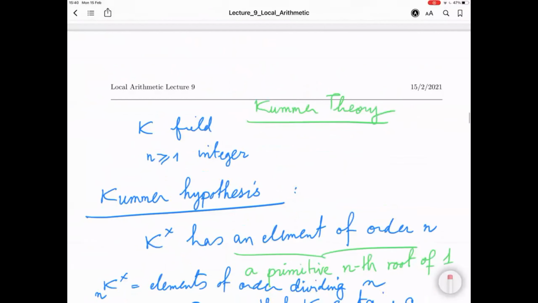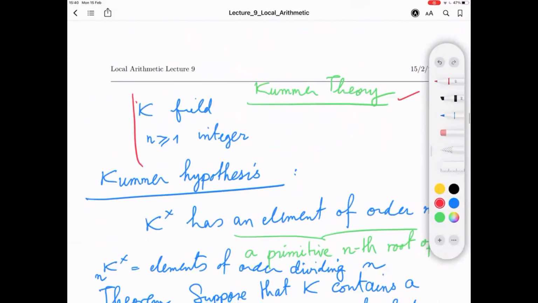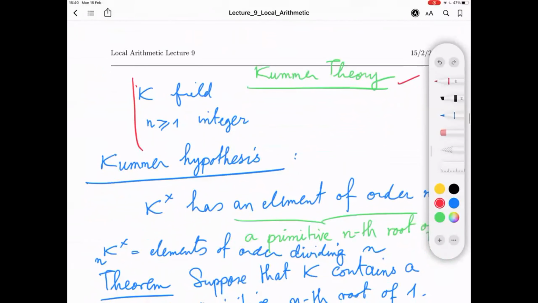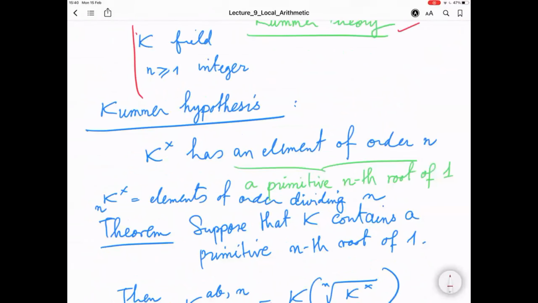So we come to Kummer theory. Here you have a field K and an integer n, and the hypothesis is that K^*, the multiplicative group, has an element of order n. Such an element is called a primitive nth root of unity.